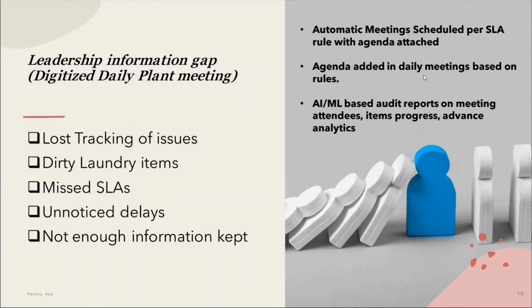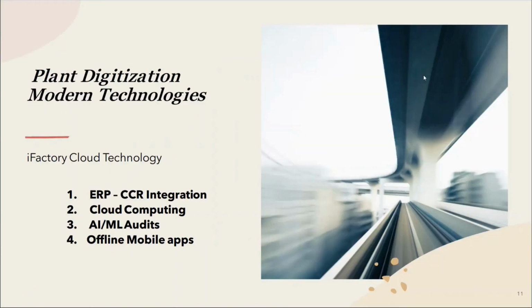When we deploy the latest machine learning algorithms, it eventually identifies the value and keeps track of such dirty laundry items, so that in future when they become a larger issue, it helps fix them on time with lower cost. And this is one of the major values. We have a project going on in India where the complete plant information layer is digitized and it brings massive value back.